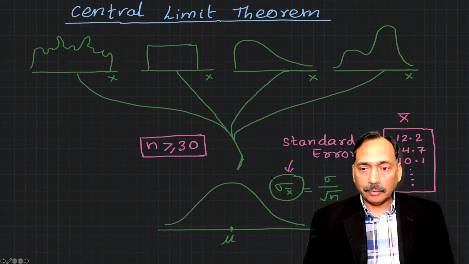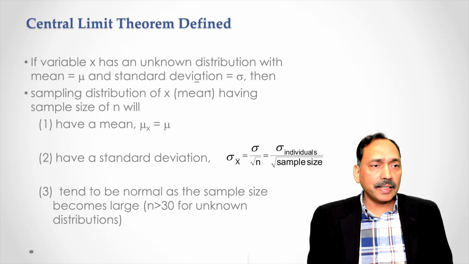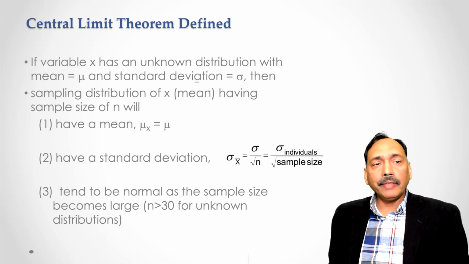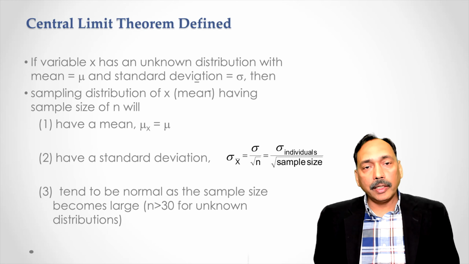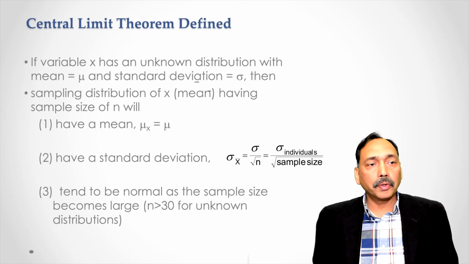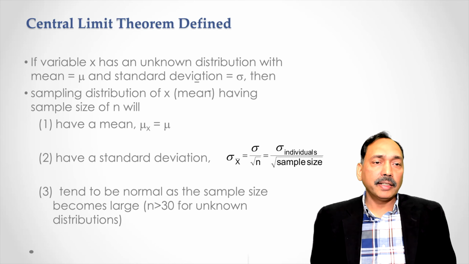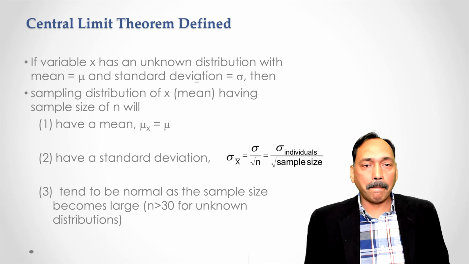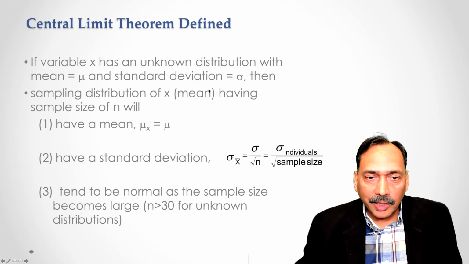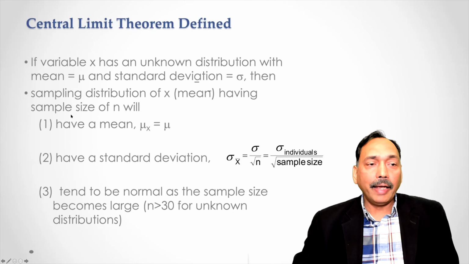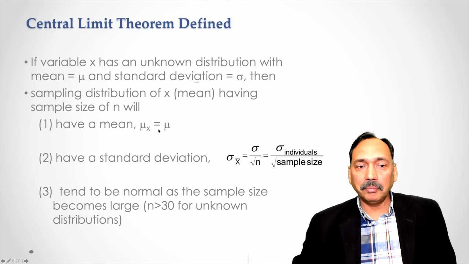More formally, the central limit theorem is defined as follows. If a variable x, which can be anything, any variable on earth, has unknown distribution with mean mu and standard deviation sigma, then the sampling distribution of x bar, the mean of a sample of size n, will have the same mean, so mu of x bar will be mu.